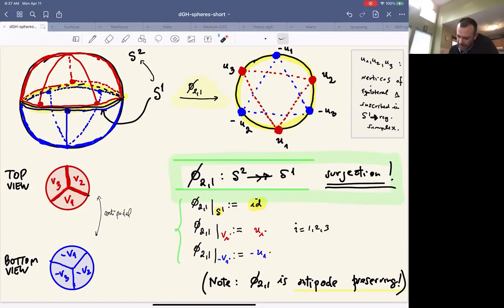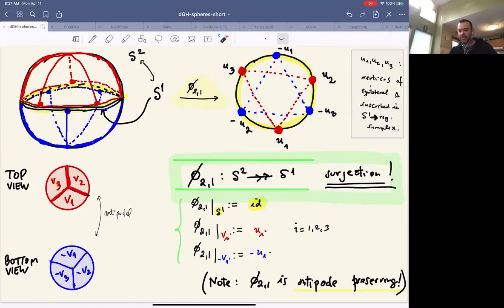And U1, U2, and U3 are the vertices of an equilateral triangle inscribed on S1. So then we map V2, anything here, into the point U2, and the same thing for any point in this region V3. We map all those points into U3.